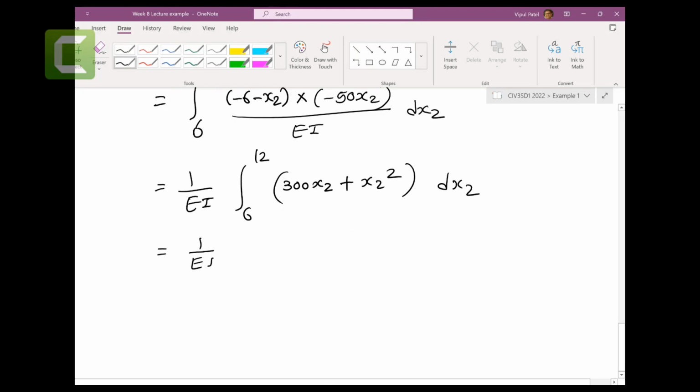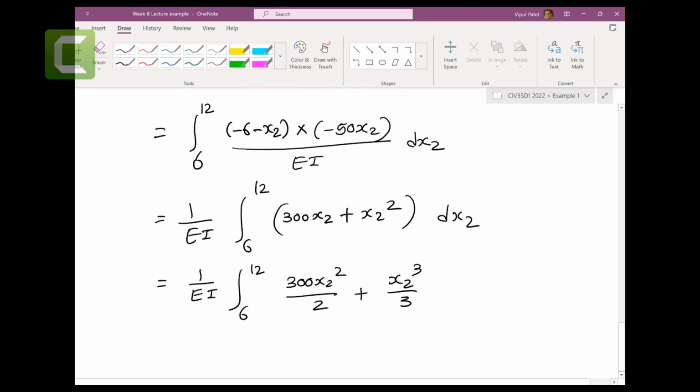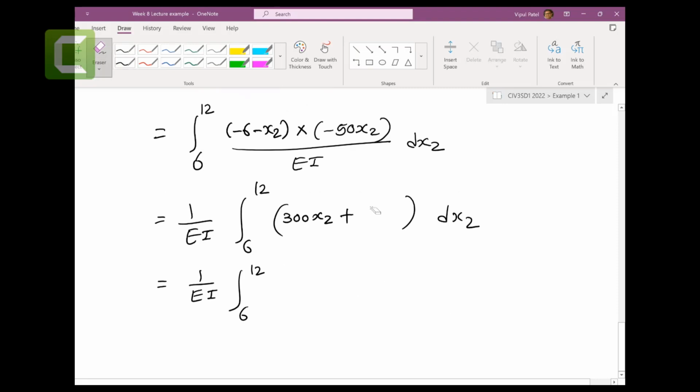Then 1 over EI, 6 to 12, 300 x2 square on 2 plus 50 x2 cubed on 3. That requires 50 x2, right? So 50 times 6 is 300 x2, then plus 50 x2 square.